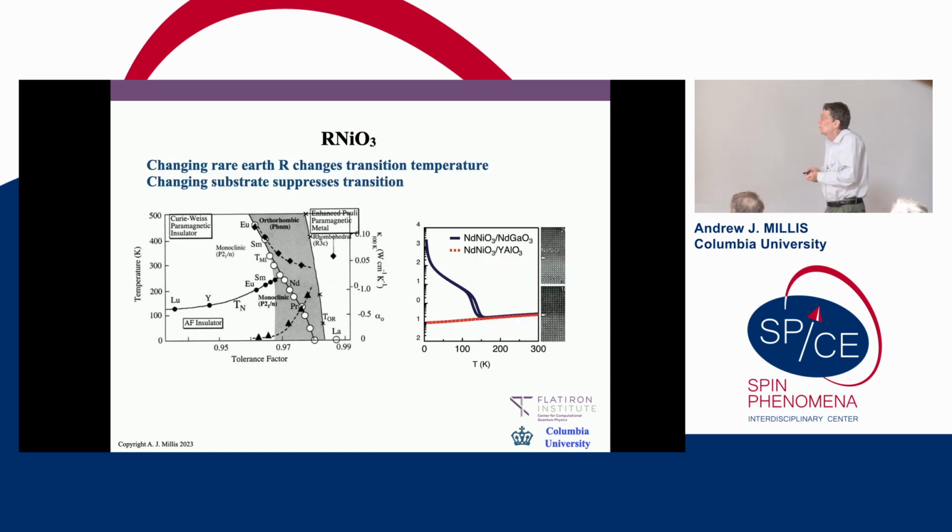Another thing I wanted to point out is that, in fact, if you change the substrate to impose strain conditions, you can strongly affect the transition. In particular, if you grow it on this substrate, the transition doesn't exist, whereas if you grow it on this substrate, you see a transition just slightly suppressed from bulk. OK.